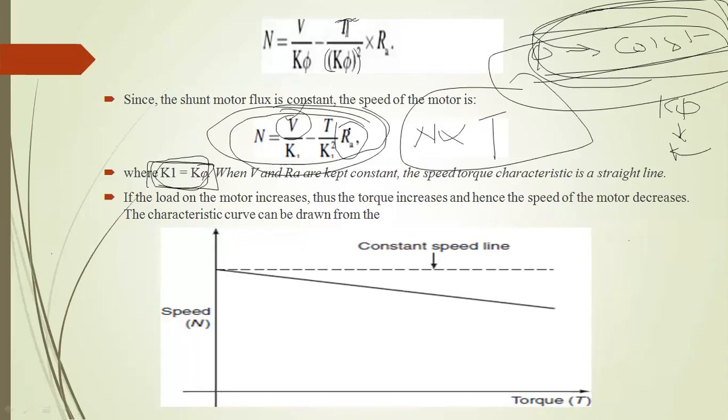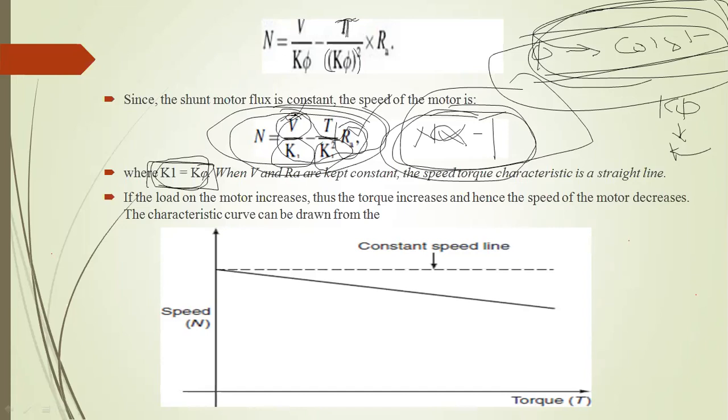The voltage is constant, the armature resistance is constant, and K1 or K1 squared or K squared phi squared, all these are also constant. So by making all these constant, the final relationship between the speed and the torque is that N is directly proportional to tau, but with a minus sign.